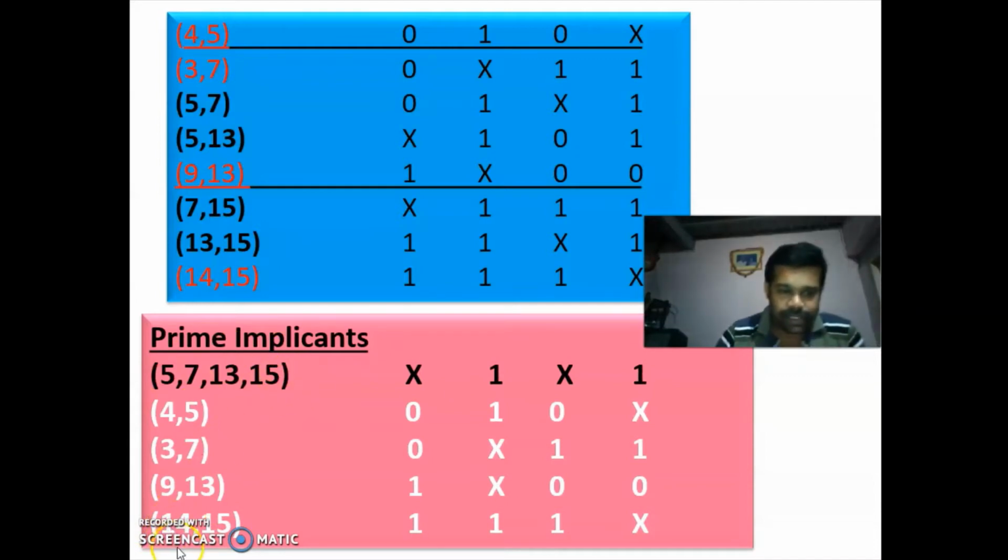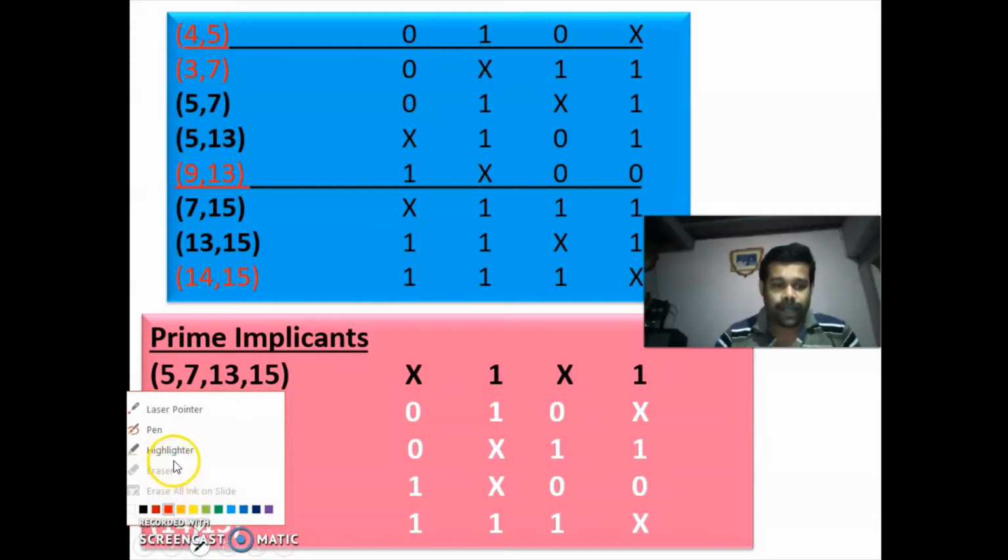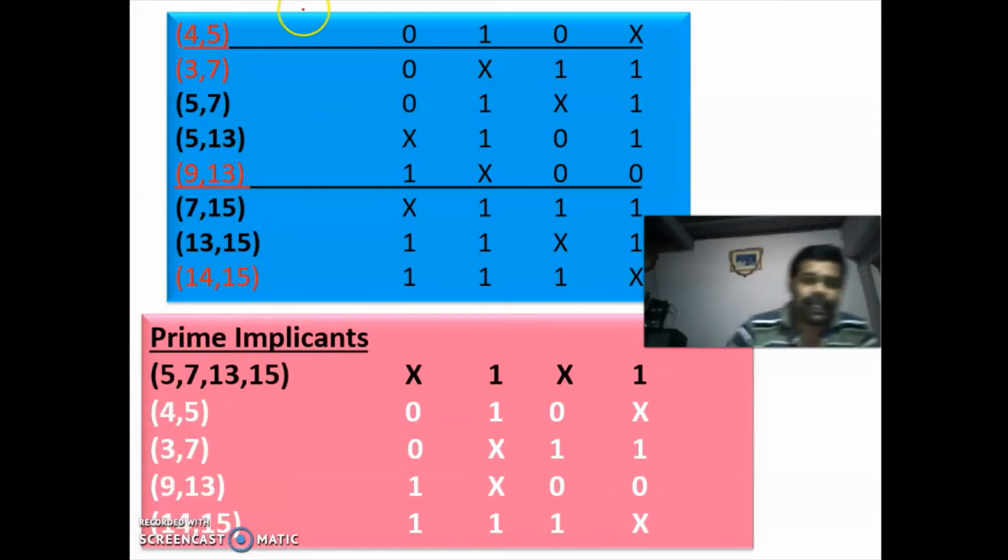Now after this we have to check whether the prime implicants are present in this set. First 4 5 is not present in this set, so you have to put a tick mark.